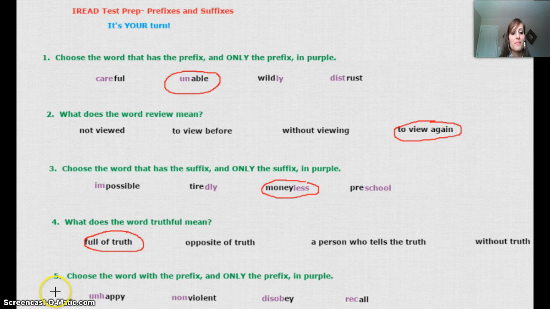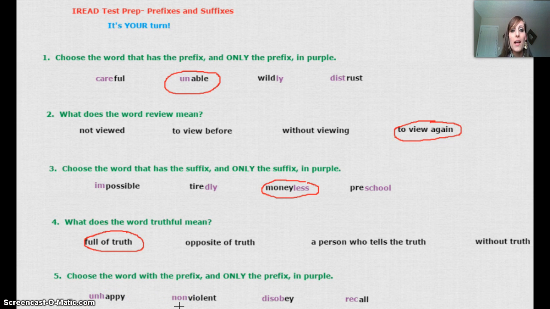One more. Number 5, choose the word with the prefix and only the prefix in purple. Again, a prefix comes at the beginning of a root word. Unhappy. Un is a prefix, but if you look closely, they have UNH in purple. UNH is not a prefix.